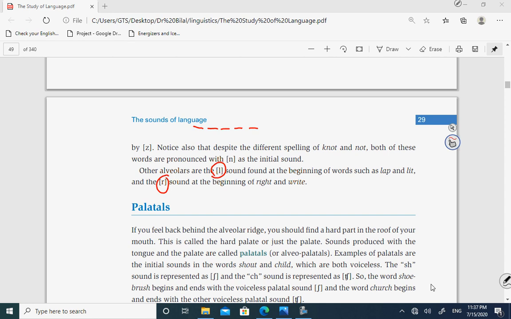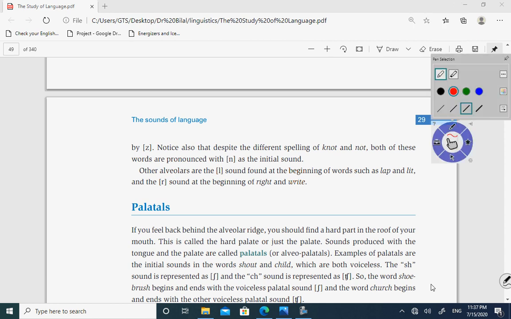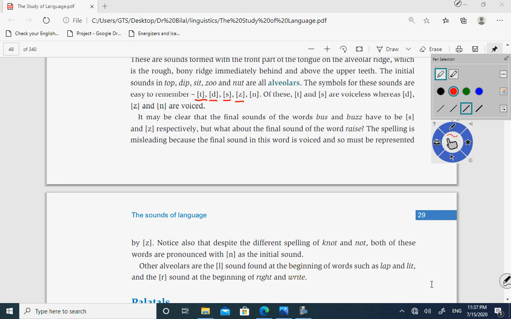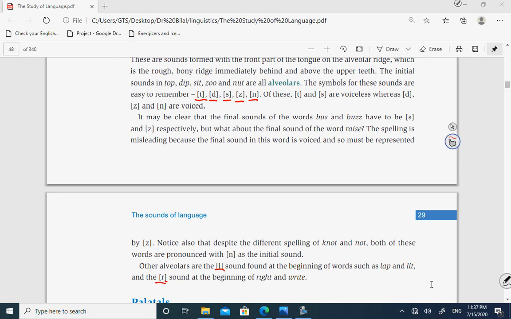So far we have few sounds that could be known as alveolars. Again, t, d, s, z, n, L and R are pure alveolar sounds.